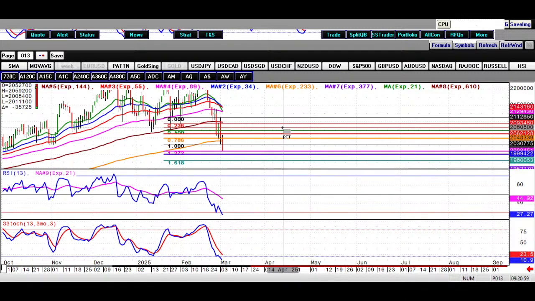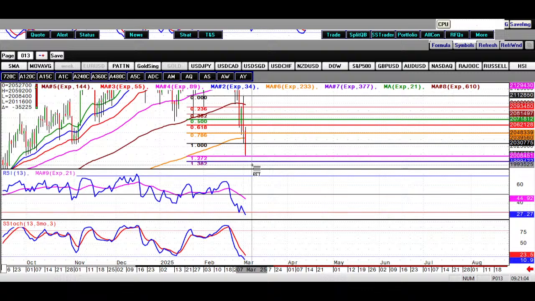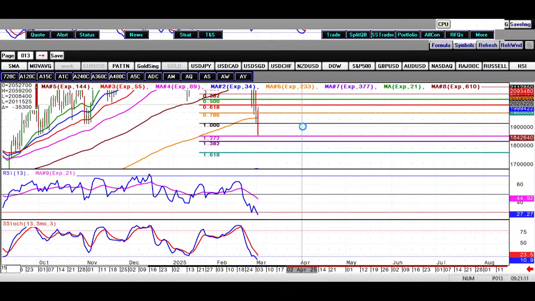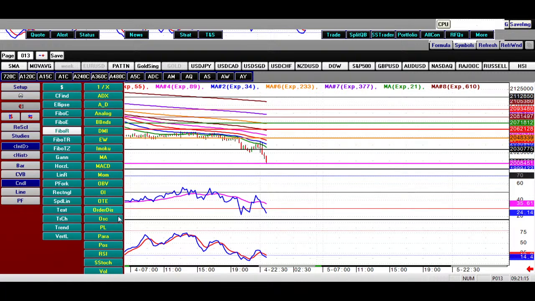Okay, so here we are seeing the price near the support level. But the only thing that is bothering me is the time.